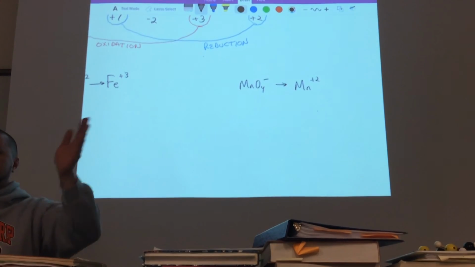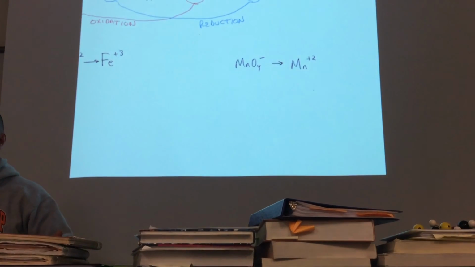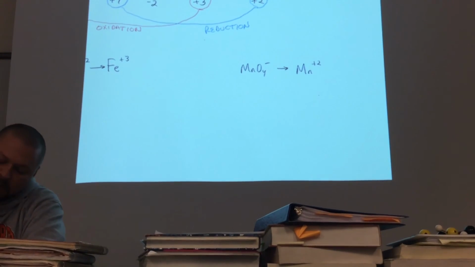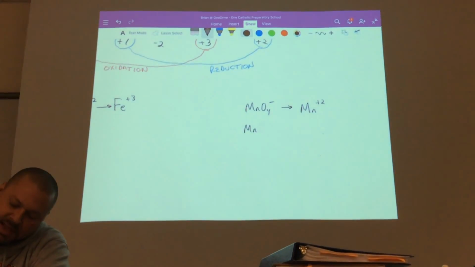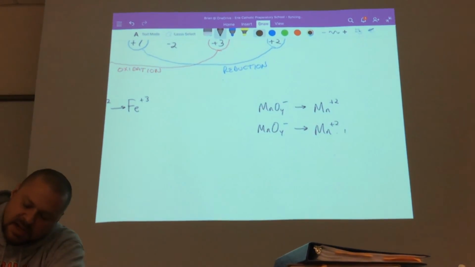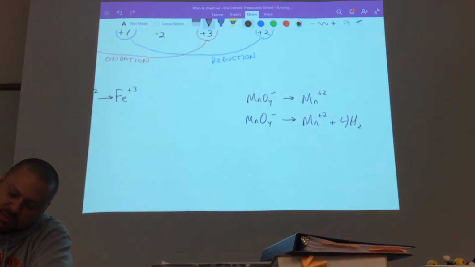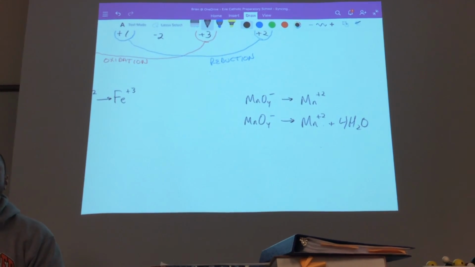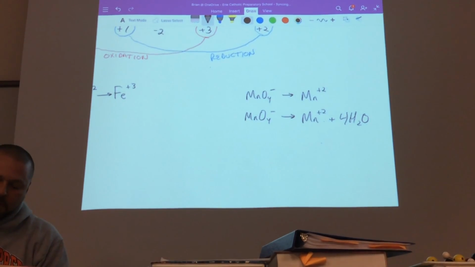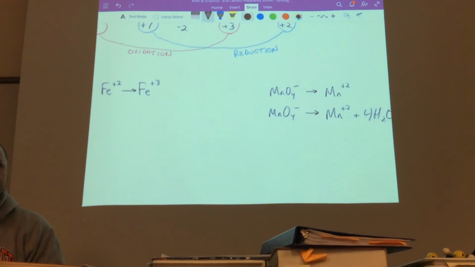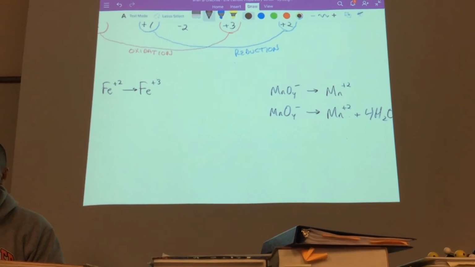You can get to the point where you just start bouncing back and forth, but the problem is if you make a mistake, it's tough to unravel where you went wrong. So with this one, MnO4 minus yields Mn2+ plus 4H2O, because it's in a solution. It's in water, so I know that water is there. But again, I still didn't have to do anything to the first equation. The first equation just has Fe. There's 1 and 1, so there's nothing to do.